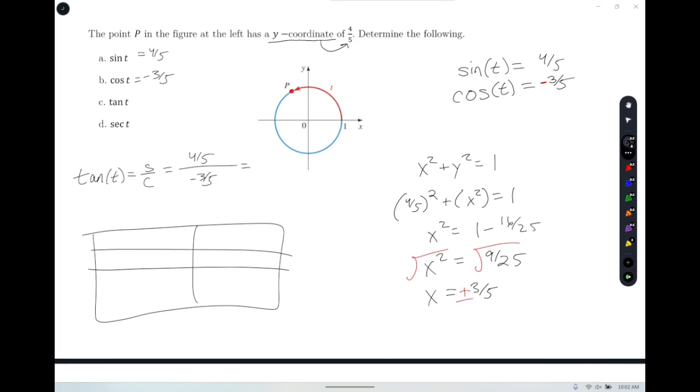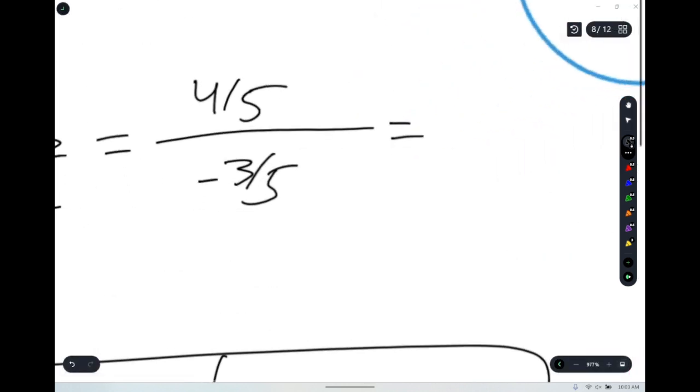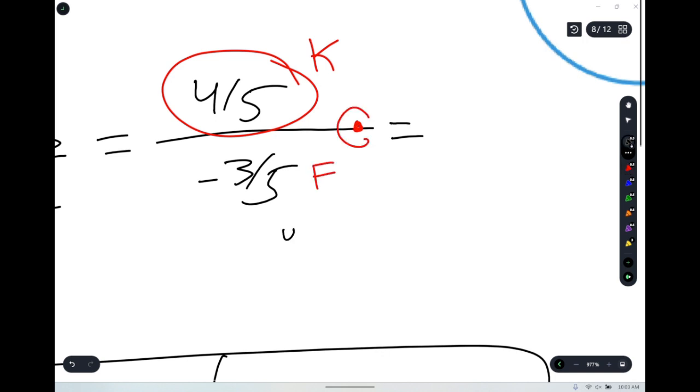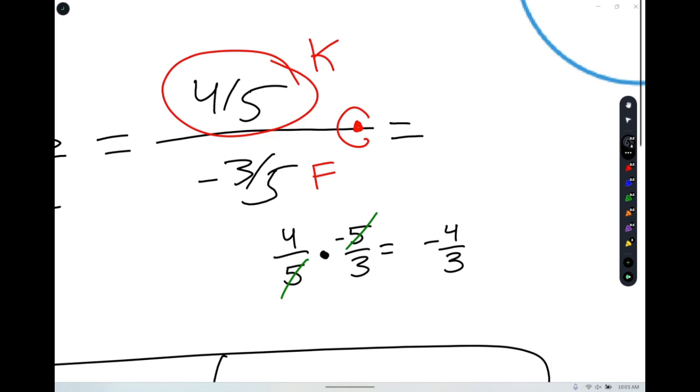What do you do at the top? Keep, change, flip. 4/5 times, with the negative sign, right? Now something cancels there. -1 on top. That's the answer? Yes, keep, change, flip.